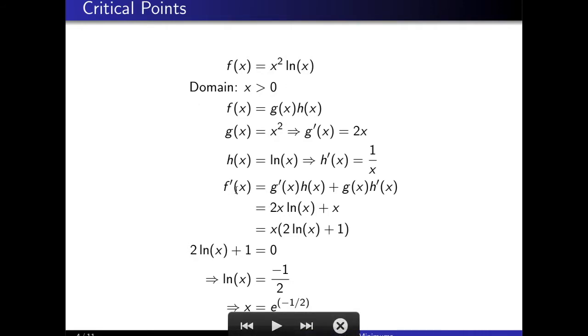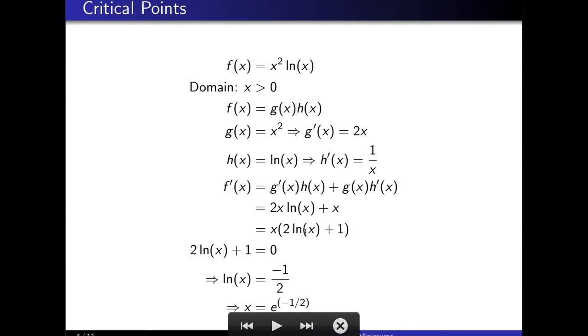So we've got a derivative which is two functions multiplied together, and if the derivative is going to be 0, it's going to occur at the places where the individual factors are 0. Well, the first factor we have is just x, and that's clearly going to be 0 at 0, but we've already said that's not of interest because the function's not defined there, and also the derivative isn't defined there.